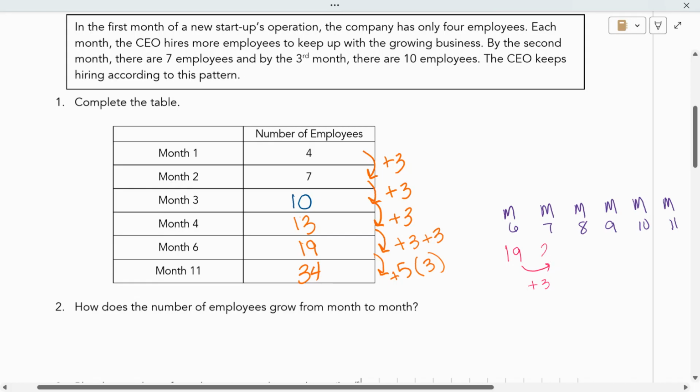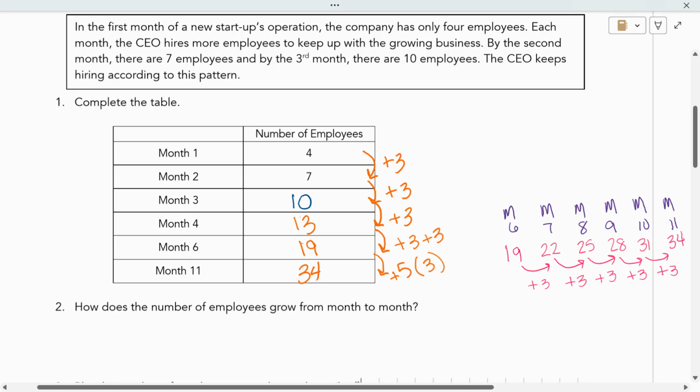So that would put me at 22. Adding 3 each month, that would put me at 25. Adding 3 each month, that would put me at 28. Adding 3 each month, that would put me at 31. Adding 3, that would put me at 34.